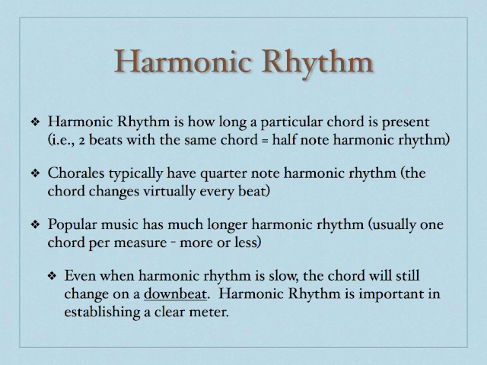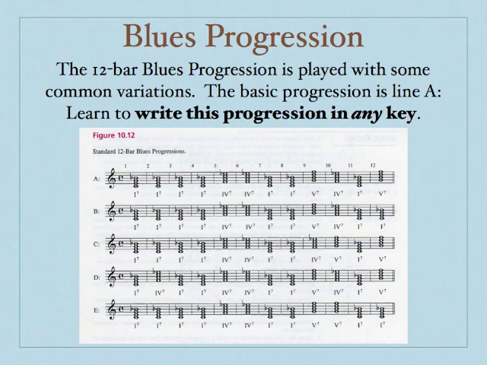And popular music will tend to have much longer harmonic rhythm. You hold a chord for a whole measure or several measures. When you have a longer harmonic rhythm, they do change on the downbeat, because that keeps us knowing what meter we're in.